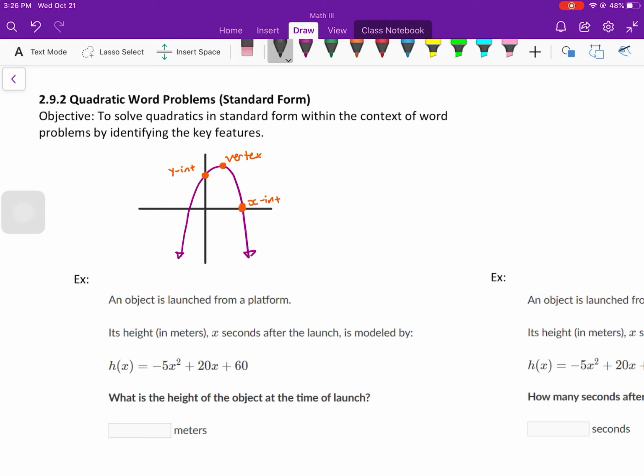So if you have standard form, how do you get these things? Well, the y-intercept is just c.